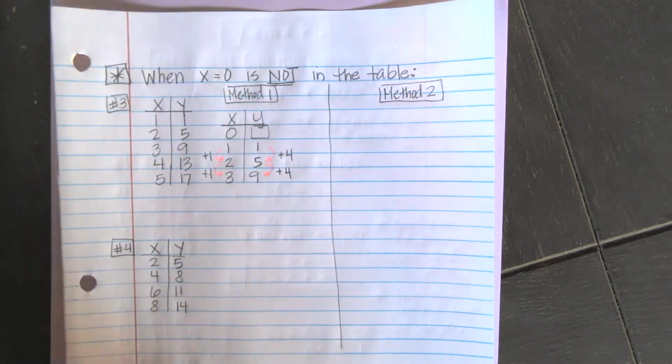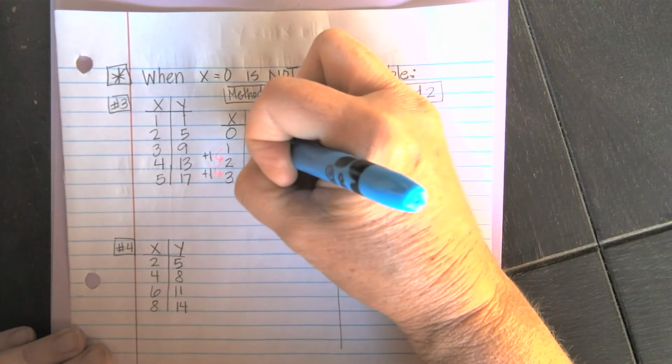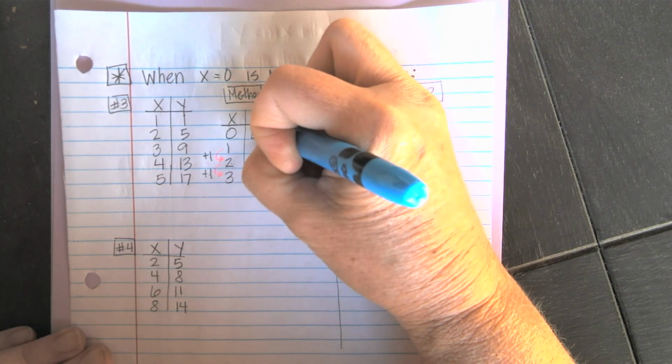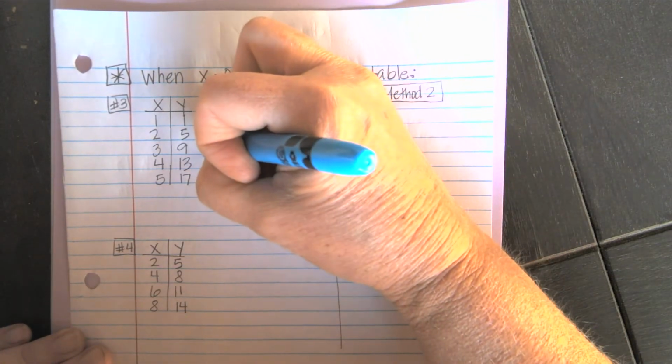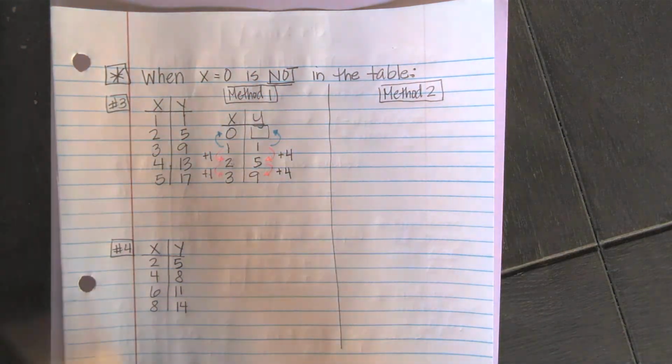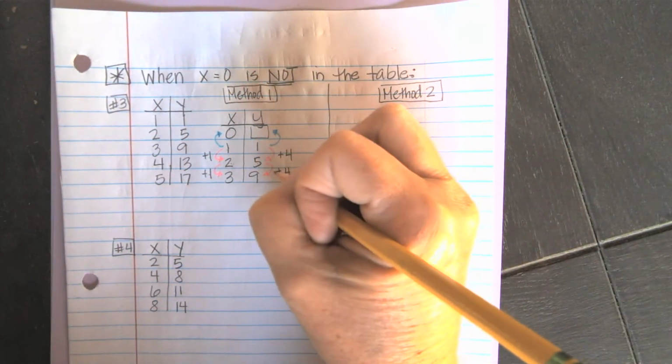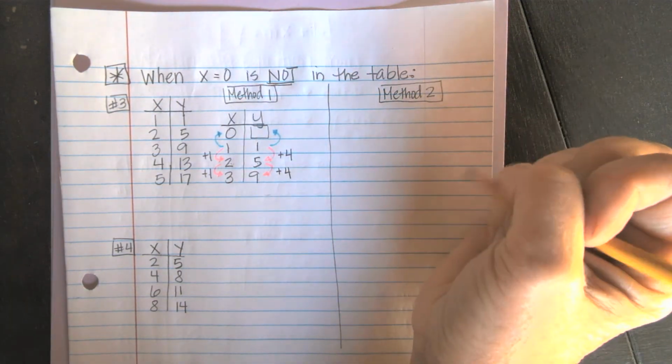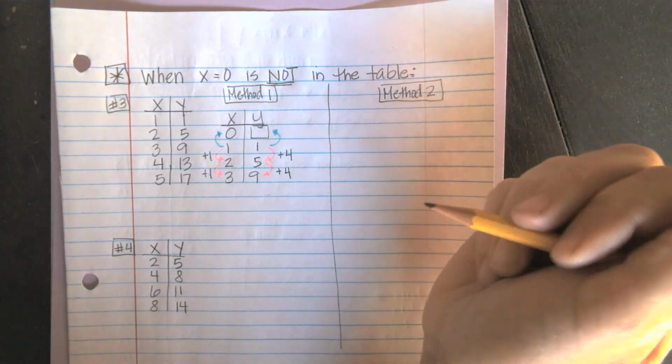So now what I'm going to do is use this and go backwards. That's why I said this one takes a little bit of thinking, because you have to wrap your brain around that. If I'm moving down the table, notice I'm adding 4. Well, what do we know about inverse operations?